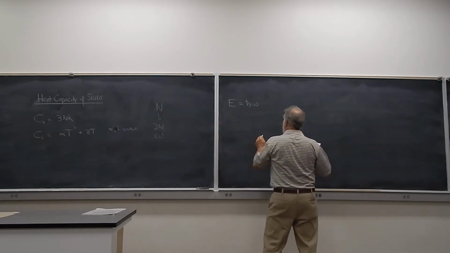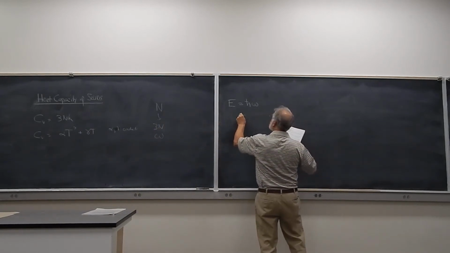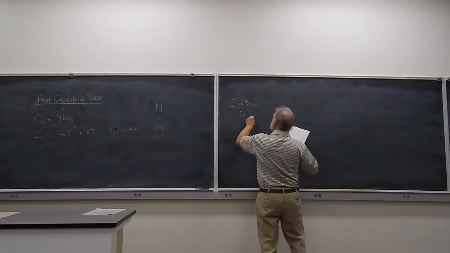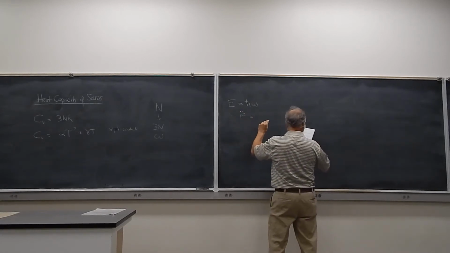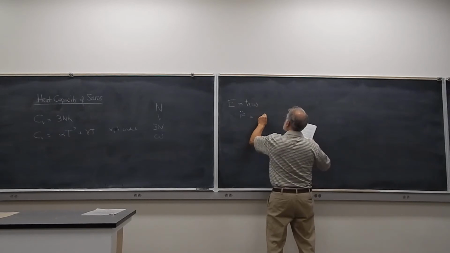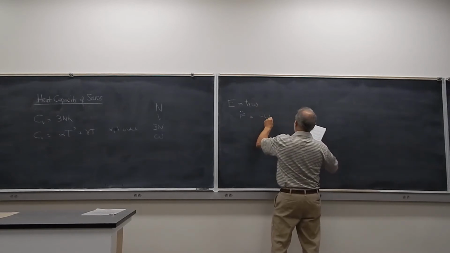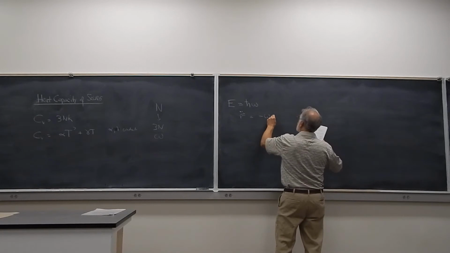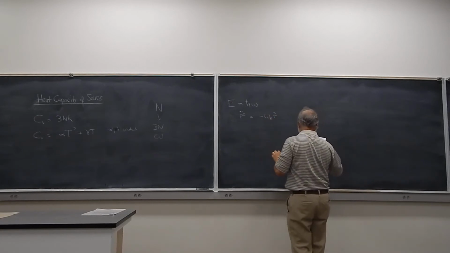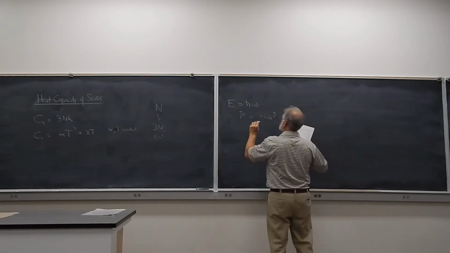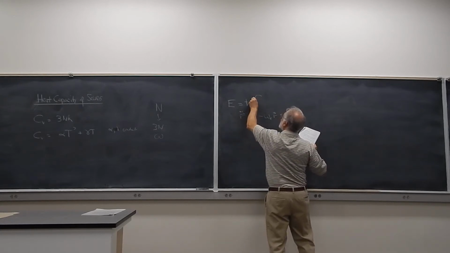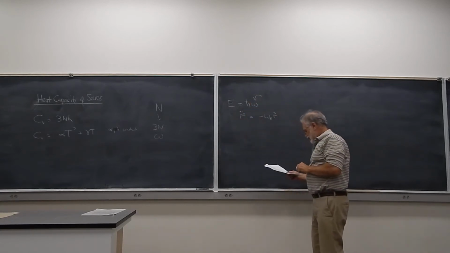We can write the equation of motion for an oscillator the following way. The second derivative of r with respect to t can be written as minus omega Einstein squared times r. As I said, we're going to assume that they all oscillate with an angular frequency omega.